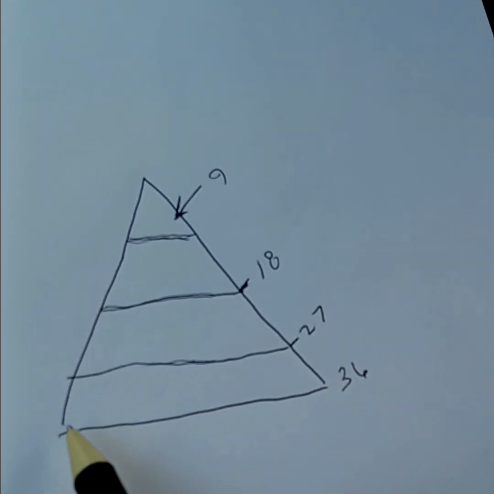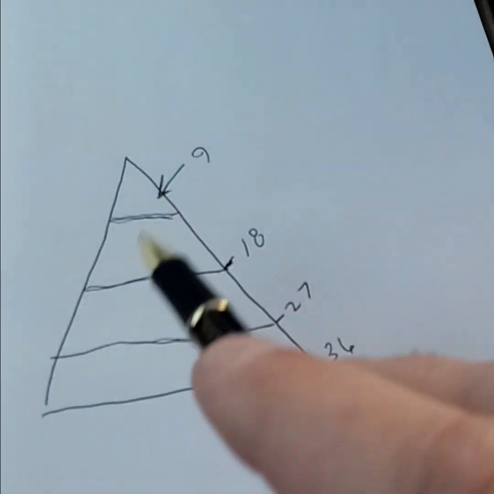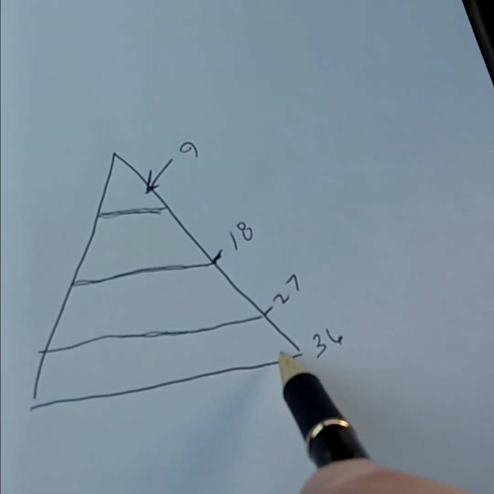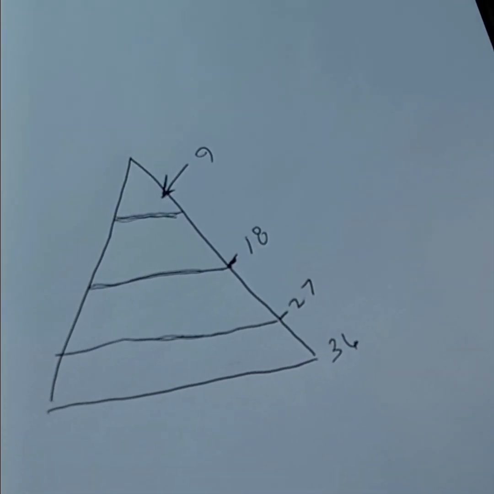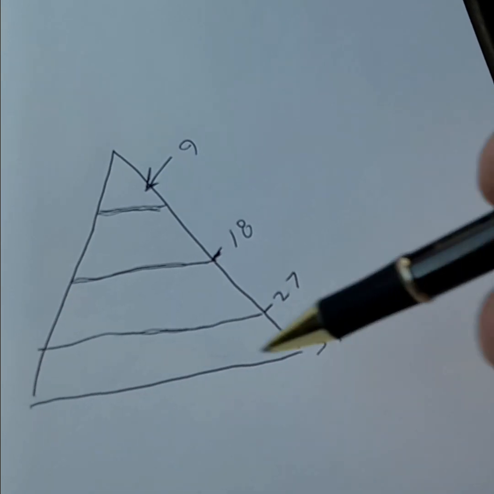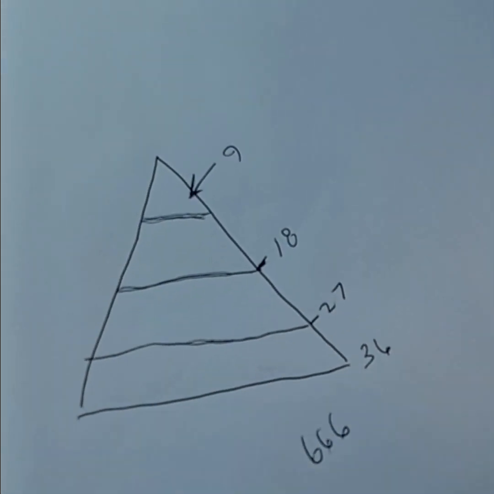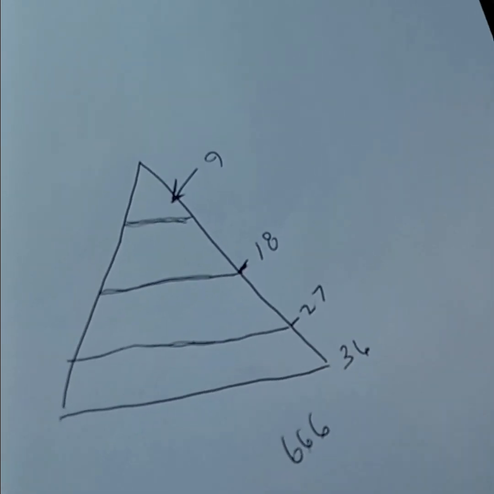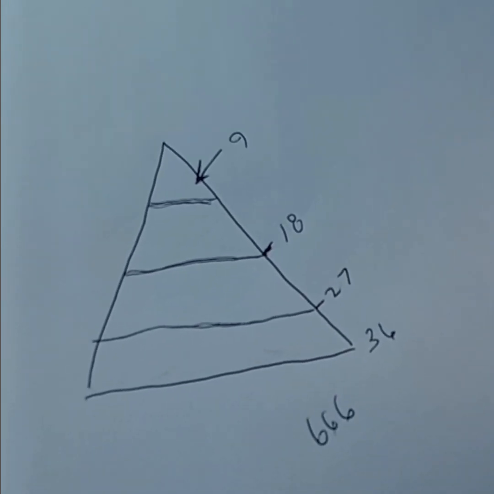So when you add the numbers 1 through 36, imagine that this is bricks, and there's 36 bricks down here. And you add 1 plus 2 plus 3 plus 4 all the way up to 36. It equals 666. Because the people that understand this different levels of math, they symbolically use that number.